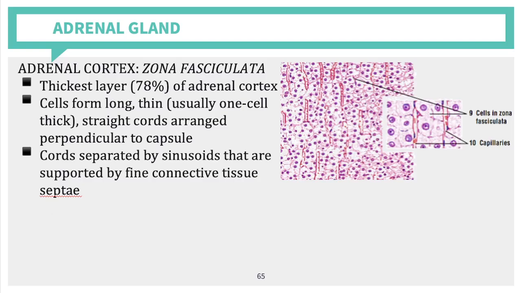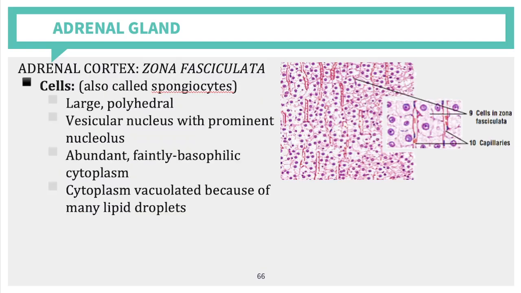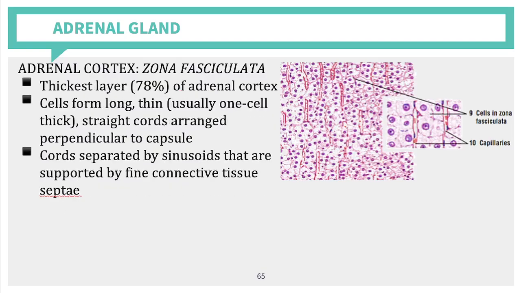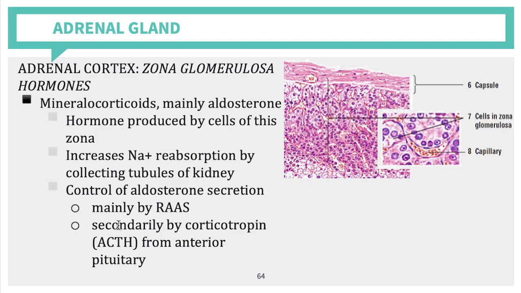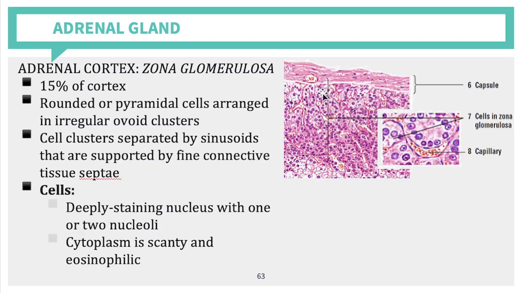So how can we compare now, your zona glomerulosa versus your zona fasciculata in terms of their histological picture? Remember again, zona glomerulosa has irregular circles, irregular ovoid clusters.